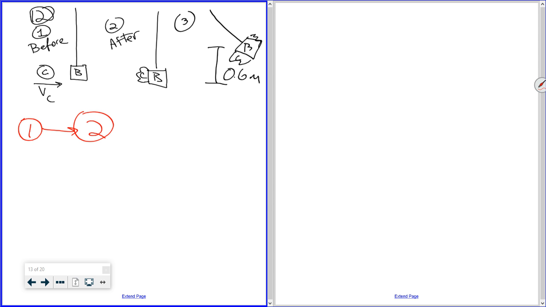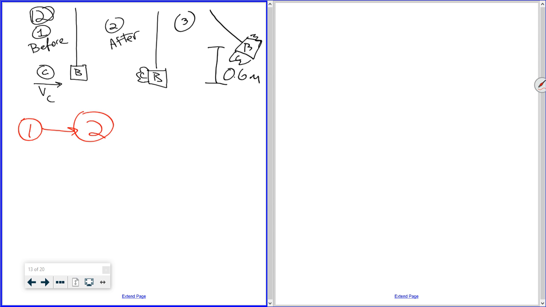The fact that you've got an interaction between 2 objects should be a really big key, right? Anytime you're dealing with 2 objects exerting forces on each other and you're interested in the motion of both of them, that's momentum.